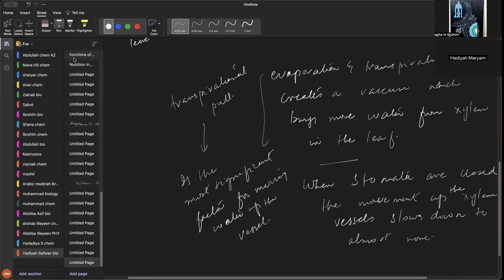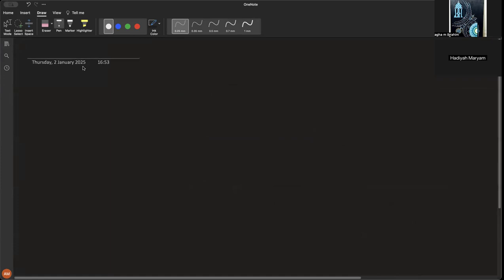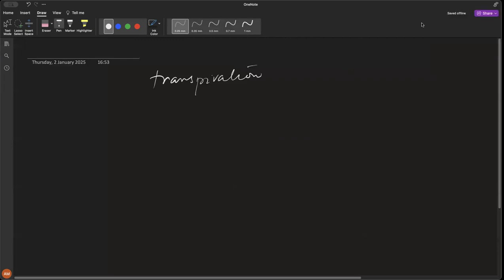All right, so we've been able to go through how the transpirational pull becomes a factor. Now let's talk about transpiration itself as well. We already know what transpiration is, right? When we talk about transpiration, there are a few things you need to know in your course. You should be able to define and explain transpiration.